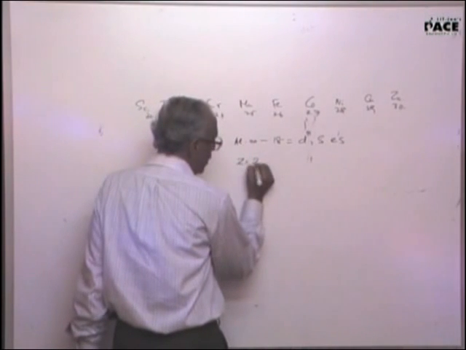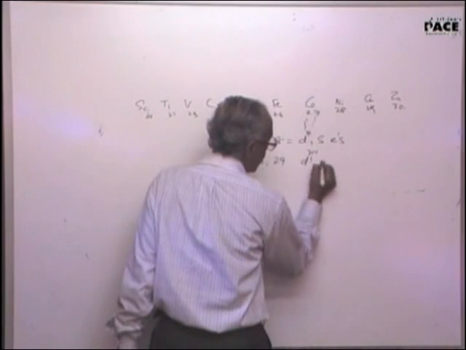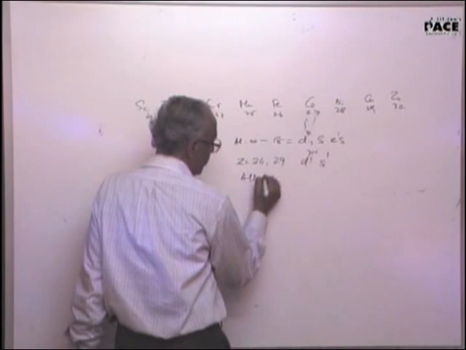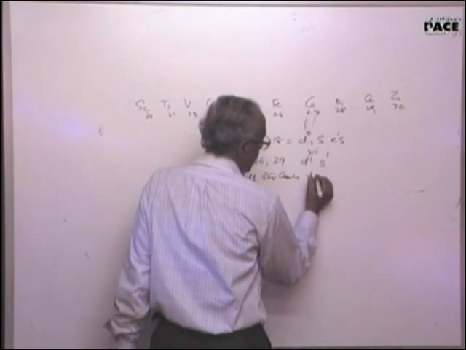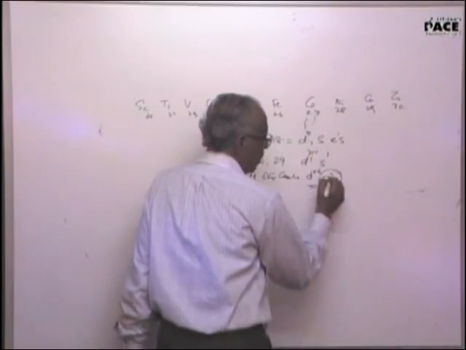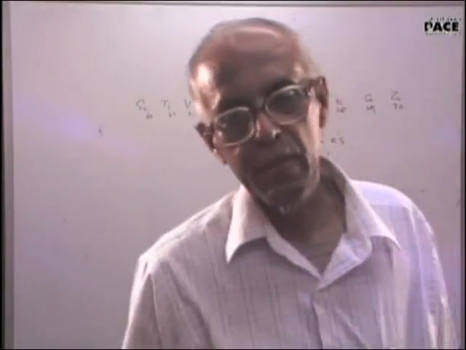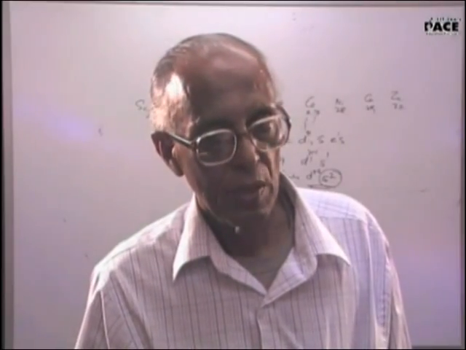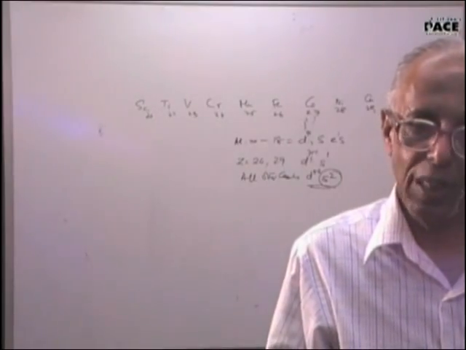Except for atomic number Z equal to 24 and 29, it will be d^(n-2) s^2: 2 electrons in the s and the remaining in the d. For 24 and 29, it will be d^(n-1) s^1: the s has 1 and the rest are in the d. So as soon as you know the atomic number, you can predict the outermost electronic configuration.